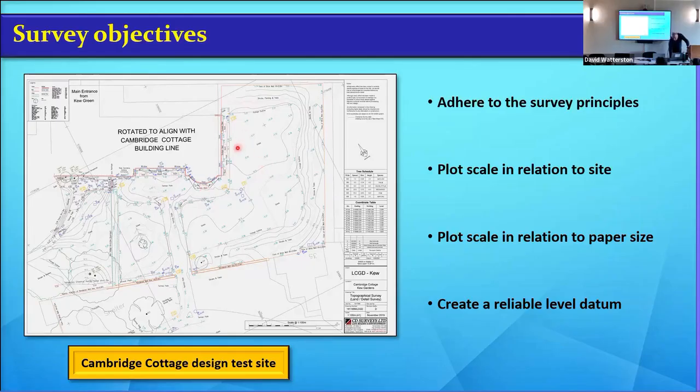But this is a Cambridge survey. Andrew Wilson, when I drew it all up, you can see the north point there, because as a surveyor, we will survey the land relative to north and plot it as it is. He said, oh, I don't like that. Can you rotate it so that the building is 90 degrees, parallel to the sheet edge?